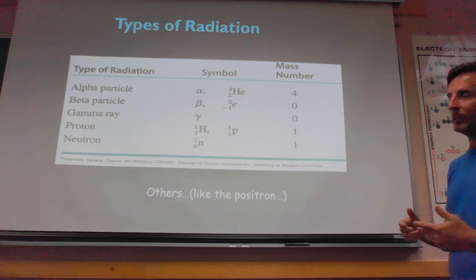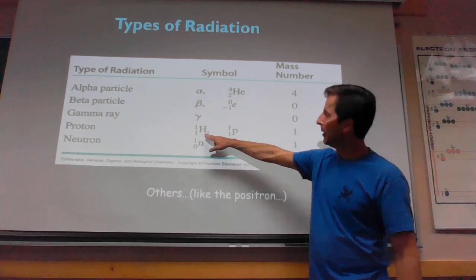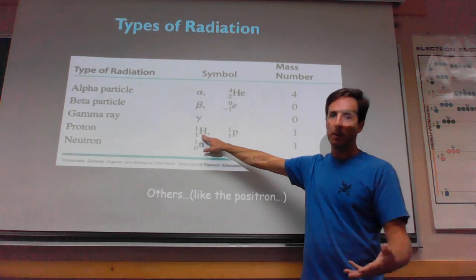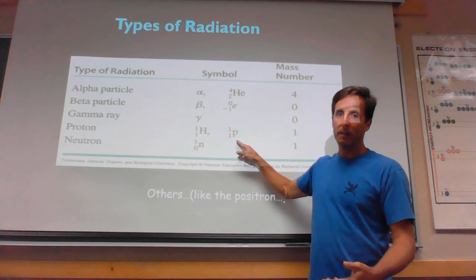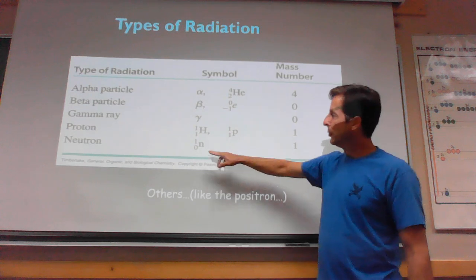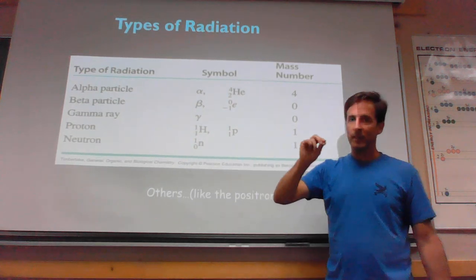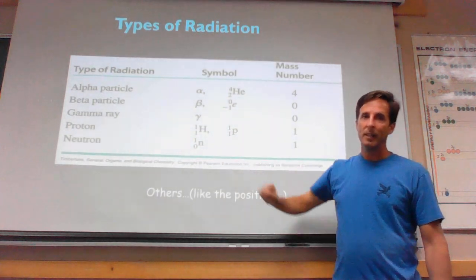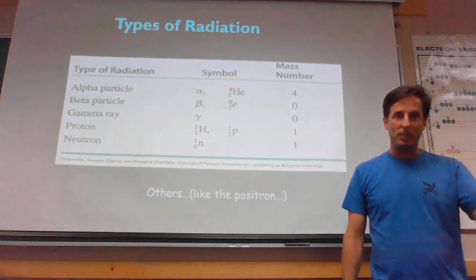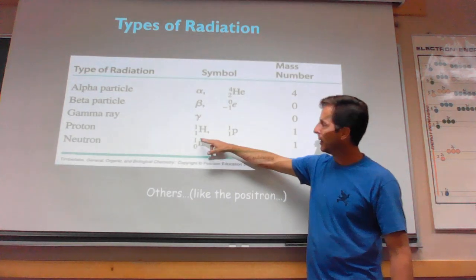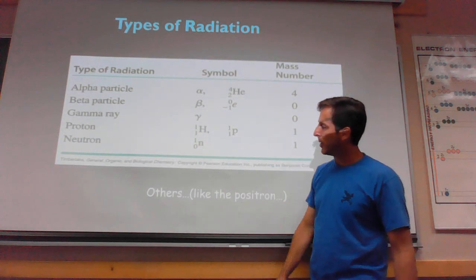So we'd rather use the hydrogen symbol to represent a proton instead of the P. And then a neutron, again, it specifically has to be a lowercase n. If you use a capital N, that's nitrogen. The mass is 1. The charge is 0 for a neutron.